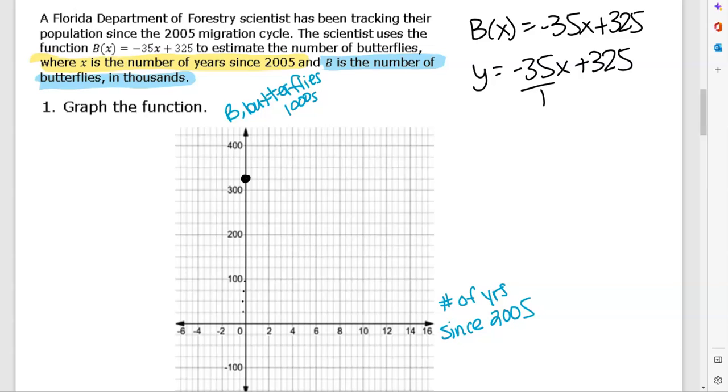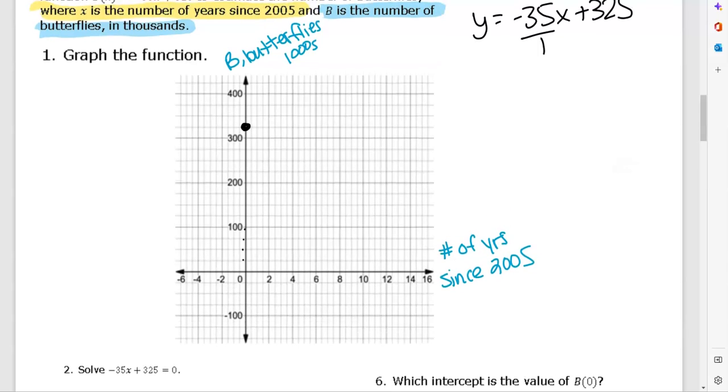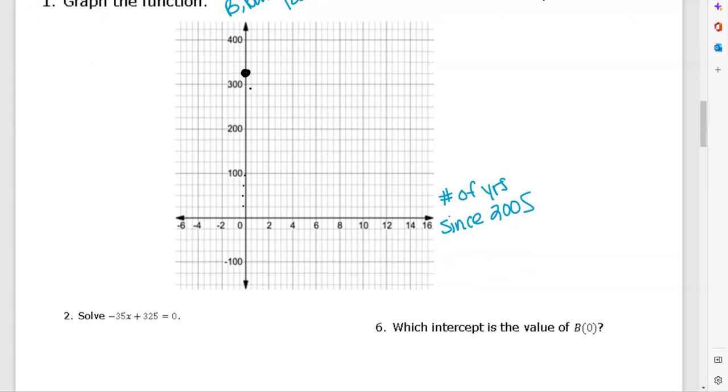That's kind of hard to graph the rest of this. Right under 300? Oh, right, yeah, negative 35. It would be like barely here, like that. But instead of guessing, I'm going to go ahead and skip to number 2.